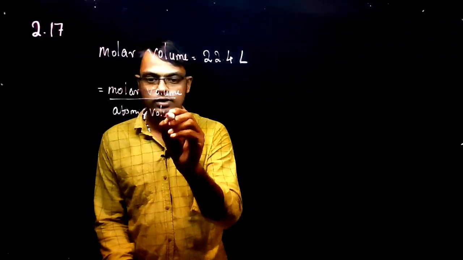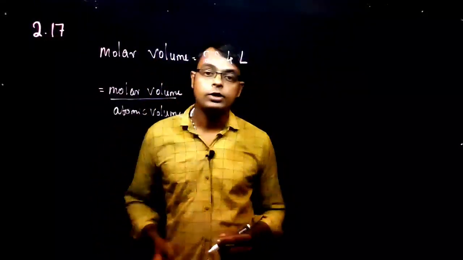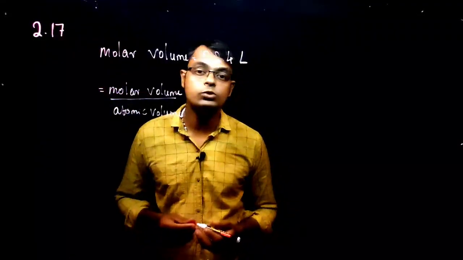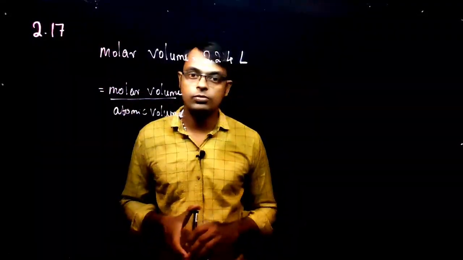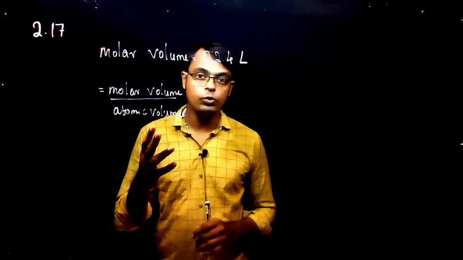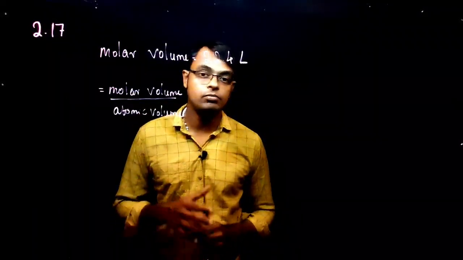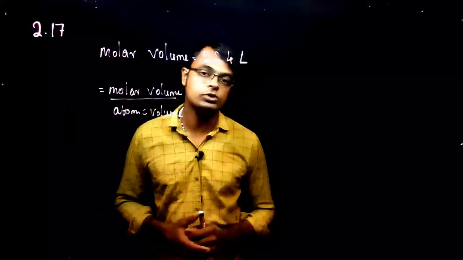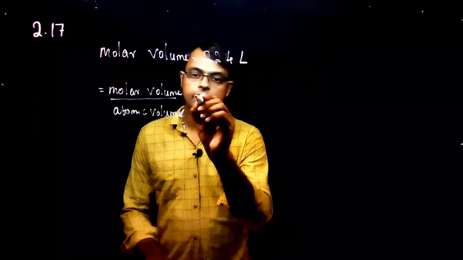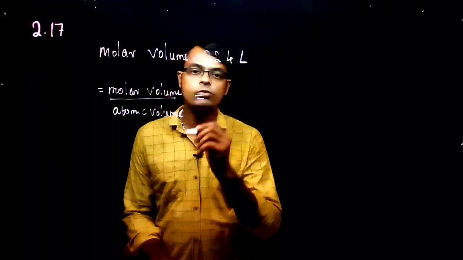Atomic volume of hydrogen we have just calculated in the previous question. What is atomic volume of hydrogen atom? 3.154 into 10 to the power minus 7 meter cube. Let's check the previous question. So already discussed that one. So you can write here what is the molar volume.